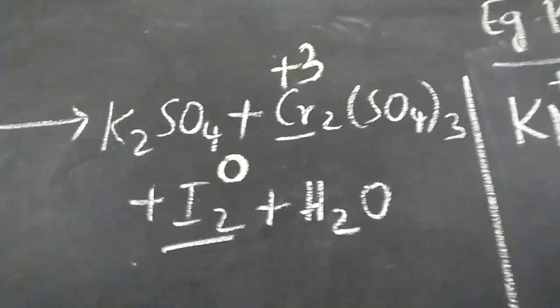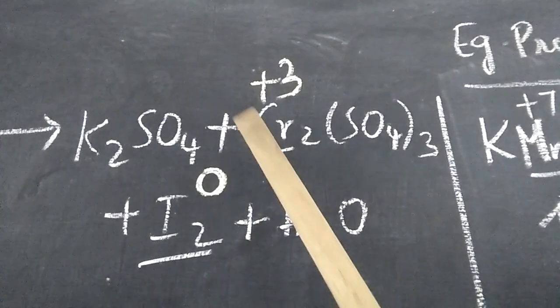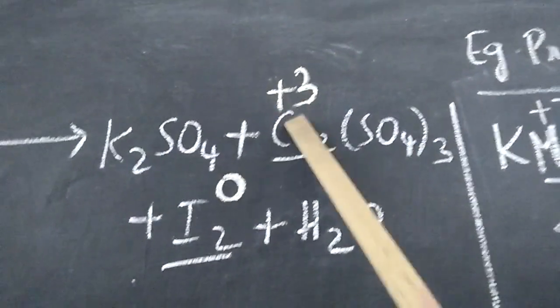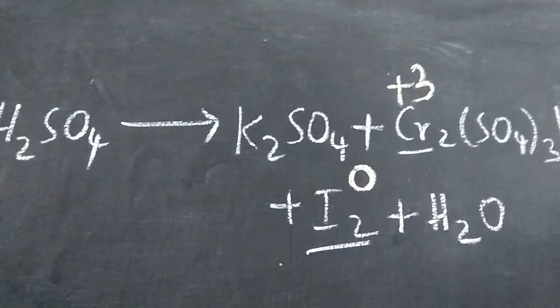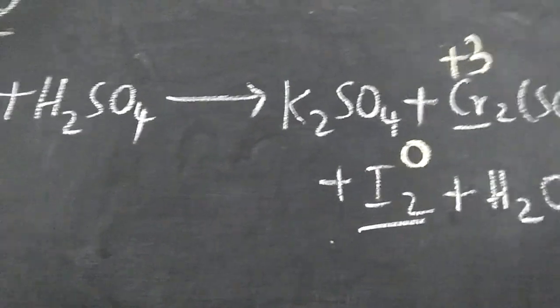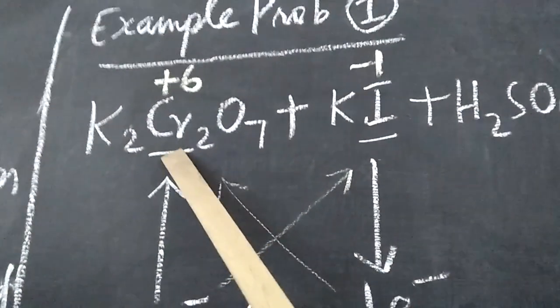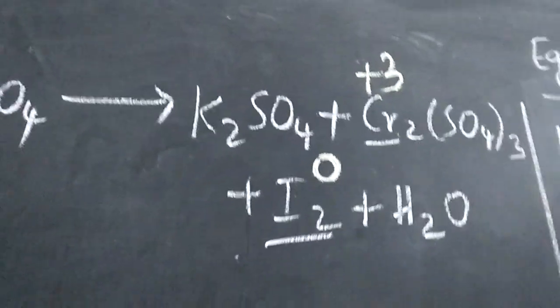You try calculating that. So finally the oxidation number of chromium in chromic sulfate is +3. Here it is +6, here it is +3. There is a change in oxidation number, so I have to note down what is happening for chromium. Here you can see +6 is reduced to +3.